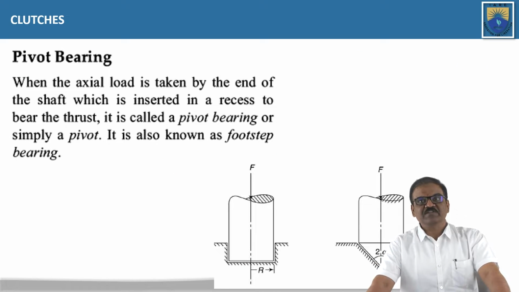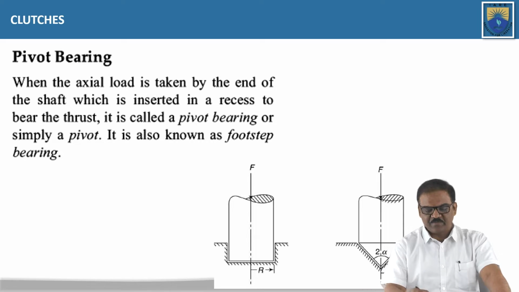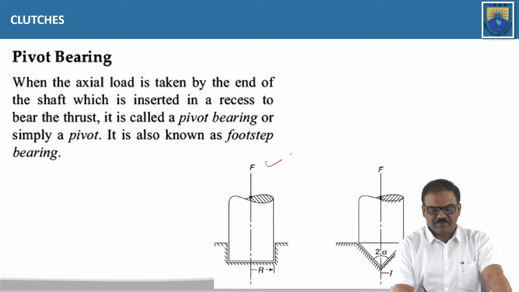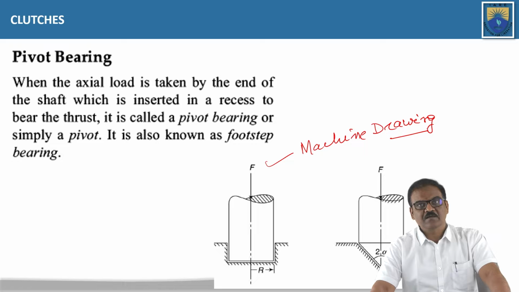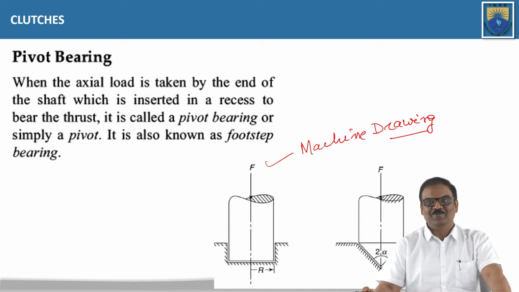Pivot bearing. When the axial load is taken by the end of the shaft, which is inserted in a recess to bear the thrust, it is called a pivot bearing or simply a pivot. It is also known as a footstep bearing, which is understood very well in machine drawing. In machine drawing, we have read clearly about a pivot bearing or footstep bearing, which will take the vertical load.